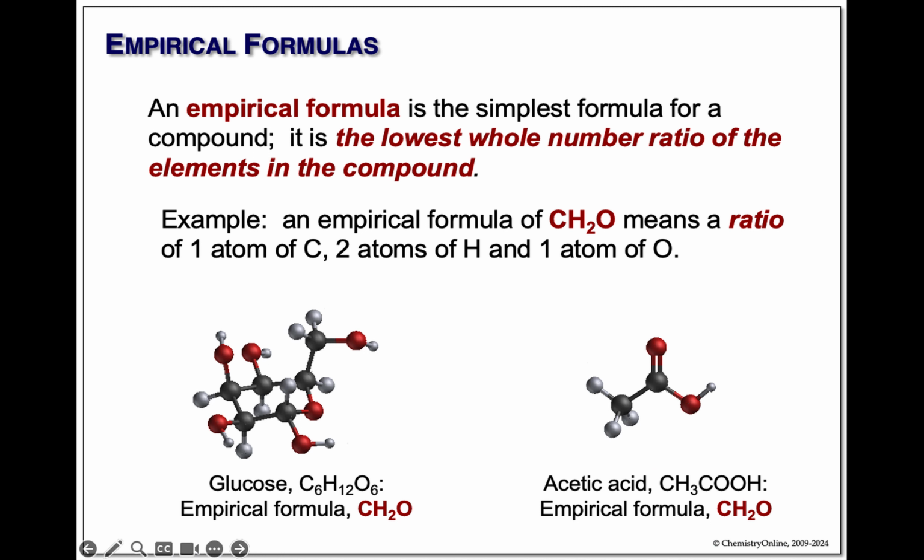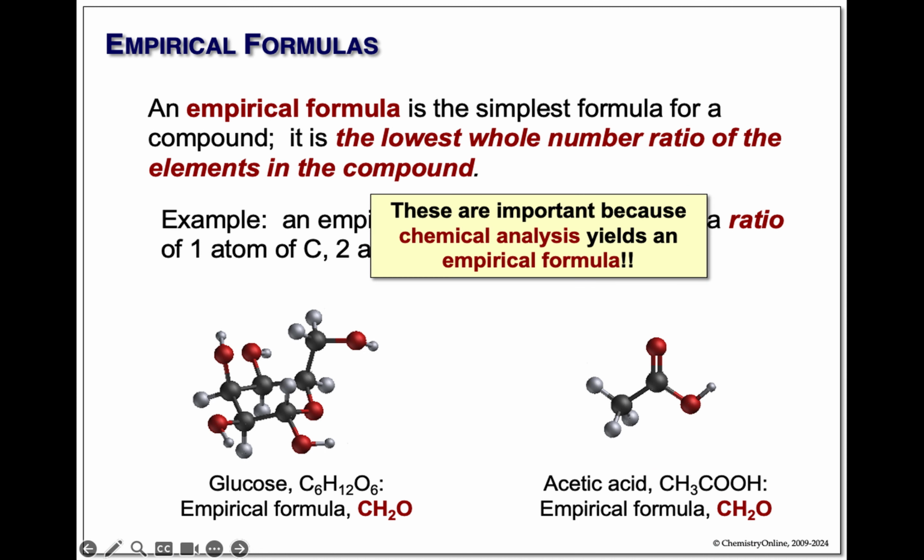Well, one of the things that you do in chemistry, and we will do this in chemistry lab, is to determine analytically the empirical formula of a compound. When you do chemical analysis, the result you get is the empirical formula. So that's why it's useful. In order to get a structure, you need to know something else about it. Any questions?